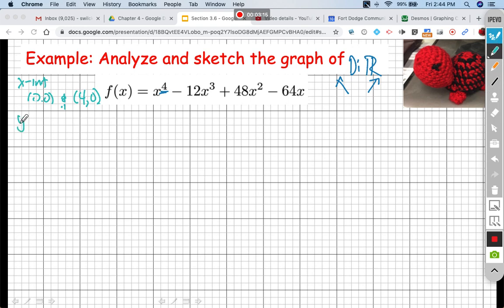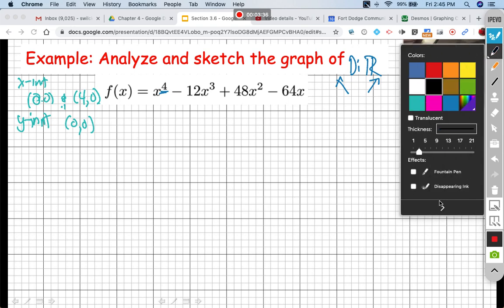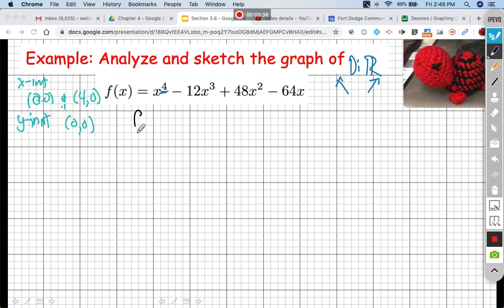That also means my y-intercept will be the same as this x-intercept at 0, 0. I don't have any vertical asymptotes, because it's a polynomial. I don't have a horizontal asymptote because it's a polynomial. So I can go right into my derivatives, which should be nice, right?